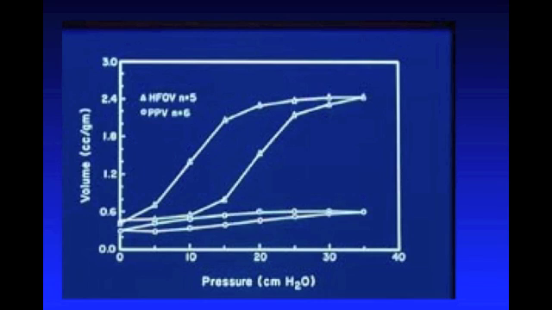So you can see that a lot of pressure doesn't give you very much volume. The one on the upper part is the high frequency animals, which kept their compliance more normal, so you could improve their ventilation with not nearly as much pressure from that standpoint.